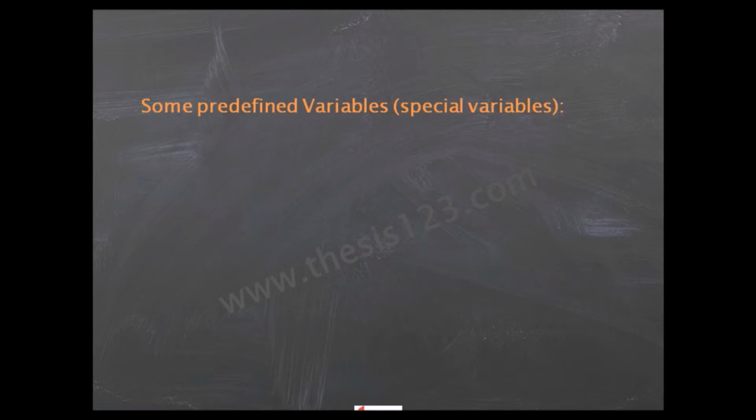A user can redefine these predefined variables. However, the special variables like pi, EPS and infinity are usually not redefined, whereas the variables i and j can be used in the loops in the absence of complex variables.